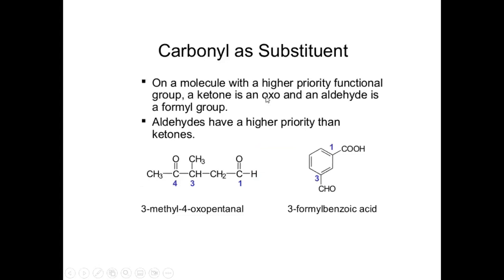On a molecule with a higher priority functional group, a ketone is an oxo, and an aldehyde is a formyl group. So aldehydes have a higher priority than ketones. Okay, so this is an example of 3-methyl-4-oxopentanal, right? And then this one is 3-formylbenzoic acid.